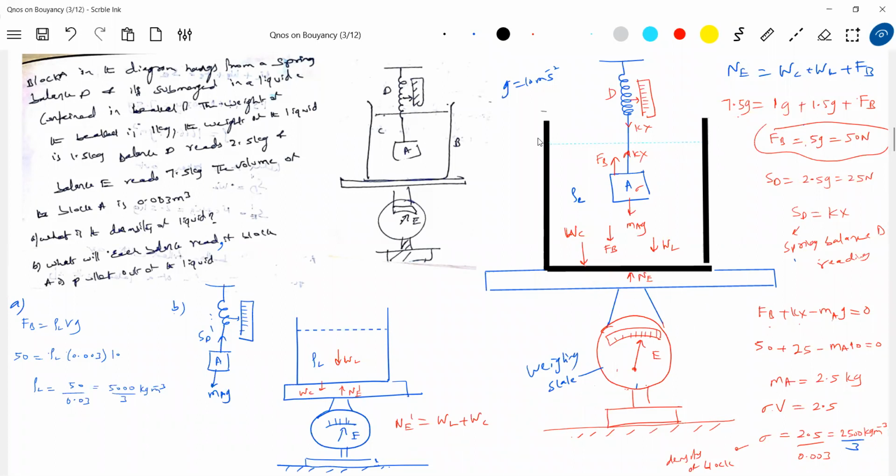Mass of block A is 7.5 kg. It's not gram. g is 10 meter per second square.